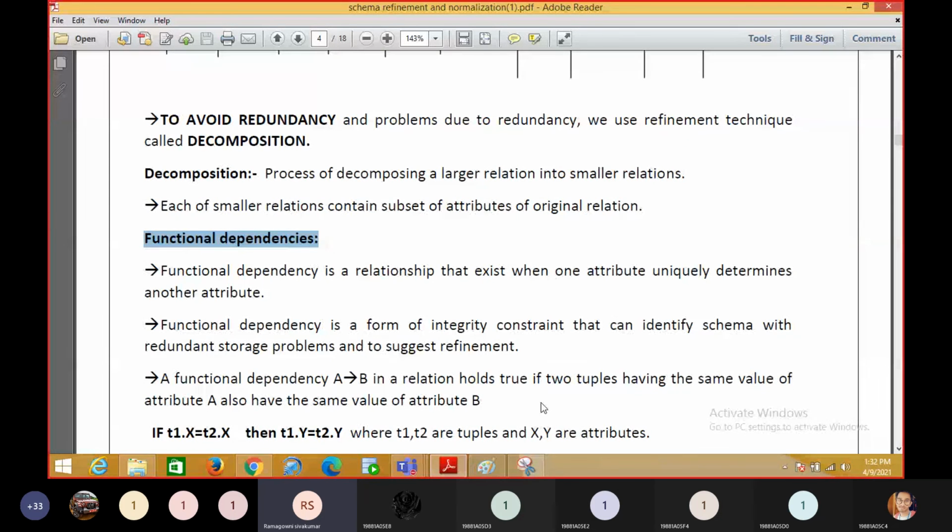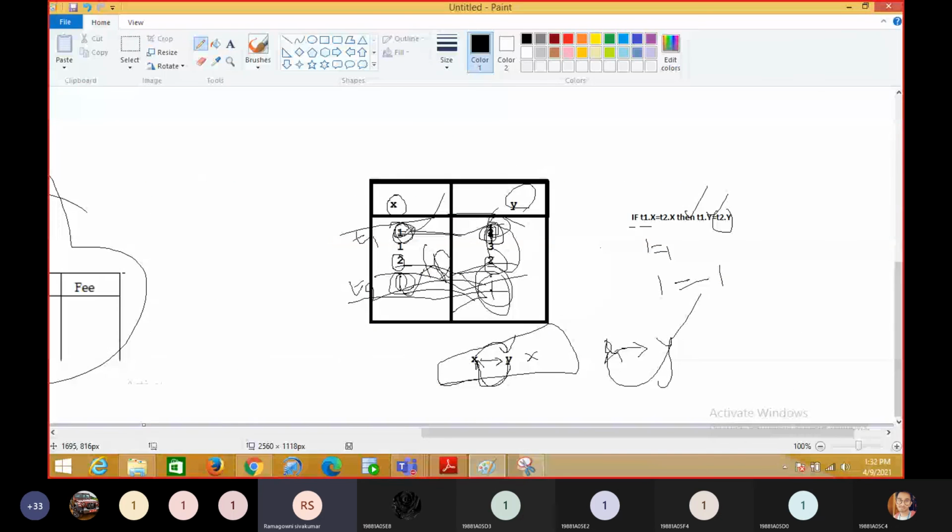That means while you are performing functional dependency, the value should not be changed. If one attribute value here is 1, the other should have the value 1 only, you should not change. Otherwise, if it contains 2, so the value is different, so it returns false. That means it is not in functional dependency. There is no dependency between the two attributes.